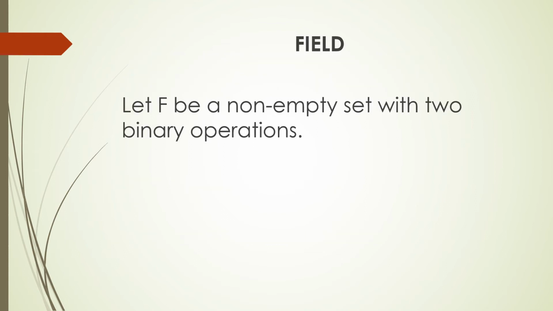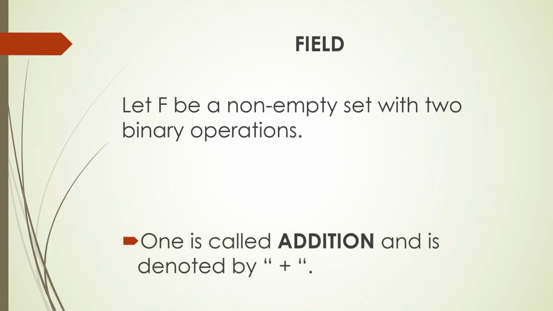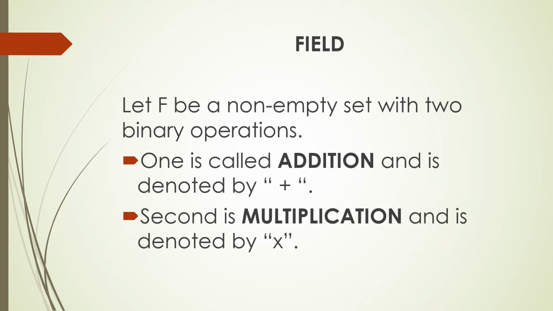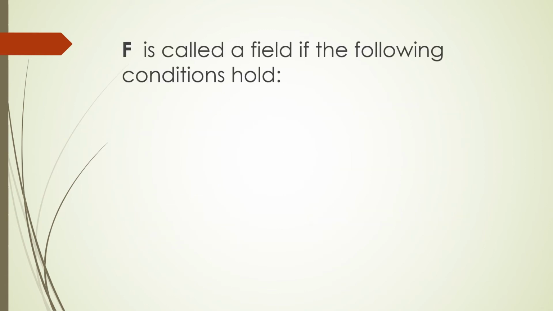Let us come now to fields. Let F be a non-empty set with two binary operations. One is called addition and is denoted by plus. Second is multiplication, again denoted by a multiplication operation, which is times.